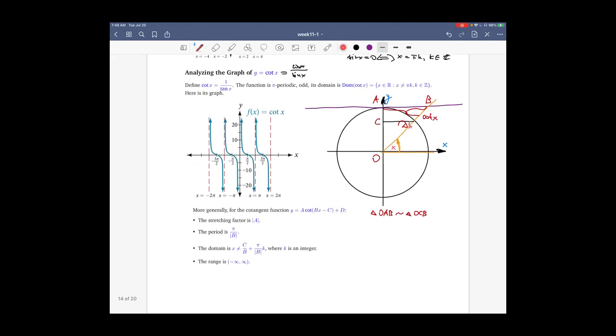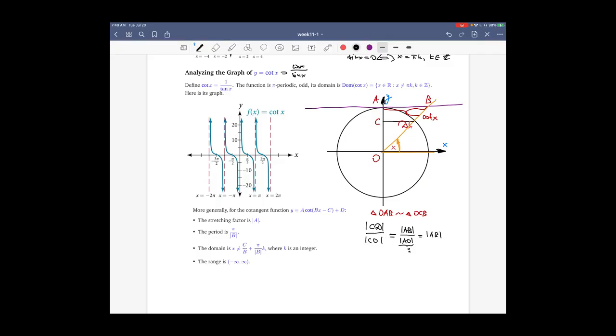So we know that by similarity of triangles, say CD by CO equals AB by AO. This triangle is similar to the big triangle. But of course, AO is 1. So that's just simply AB.